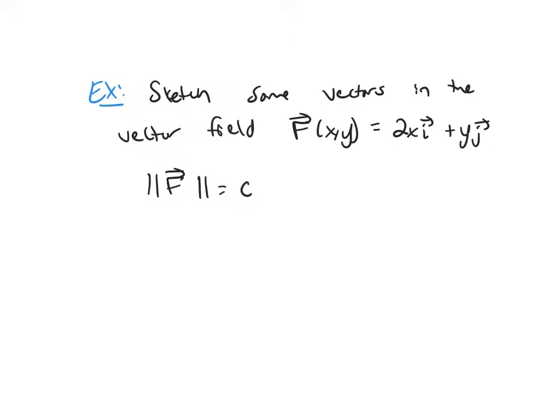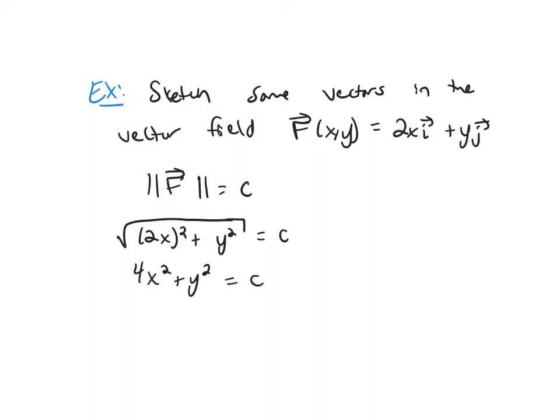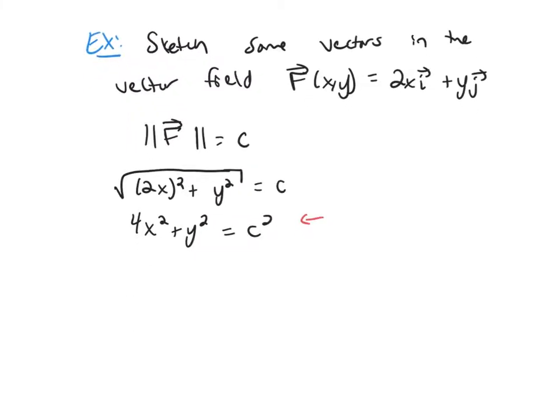So what's the magnitude of F going to be? It's the square root of (2x) squared plus y squared. And if you square both sides, you'll get 4x squared plus y squared equals c squared. So if I look at this equation, this is the equation of an ellipse in general, once you pick a value of c.